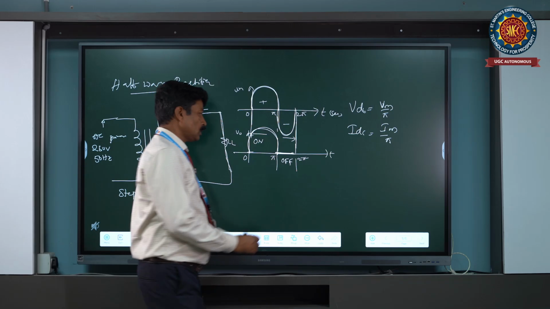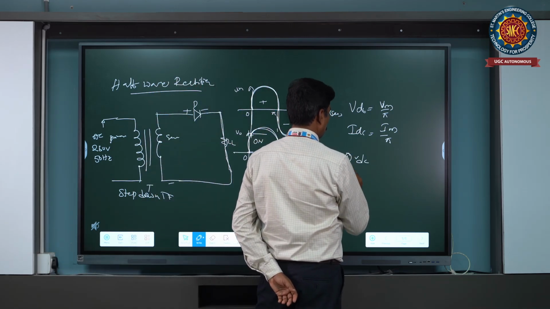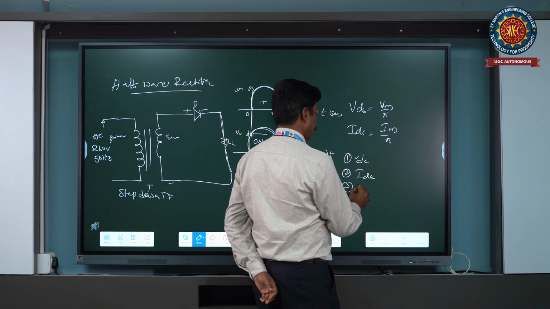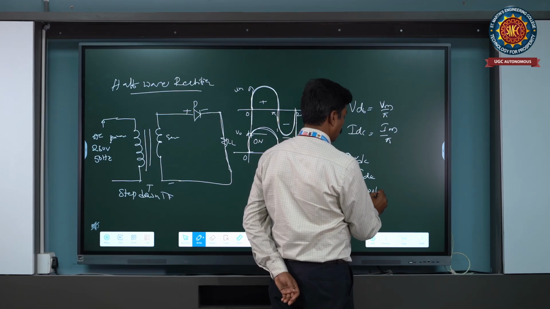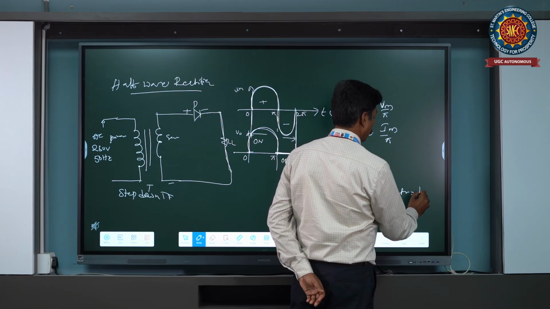The first parameter is the DC voltage, the second is the DC current, and another is the ripple factor of the half-wave rectifier.